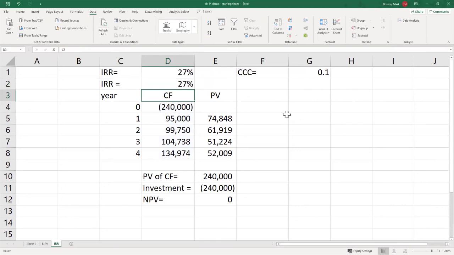Now, that brings us up to where we were last time. So the last thing I want to teach you about is the MIRR, or modified internal rate of return.